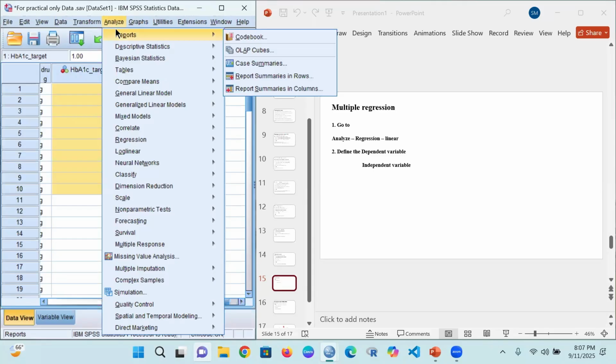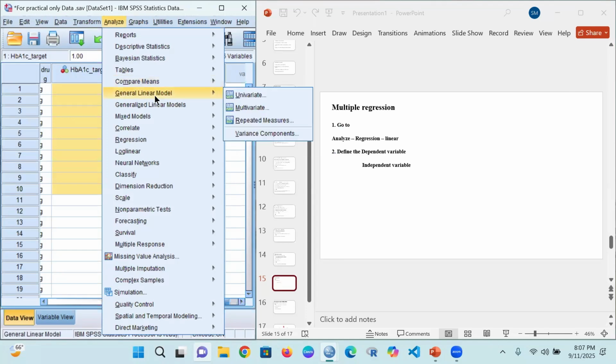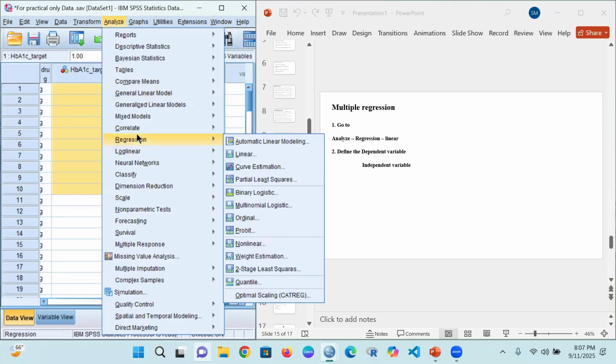We go to Regression, and then we go to Linear.